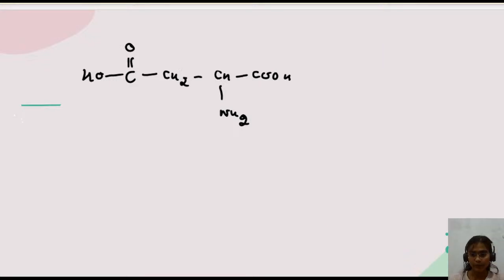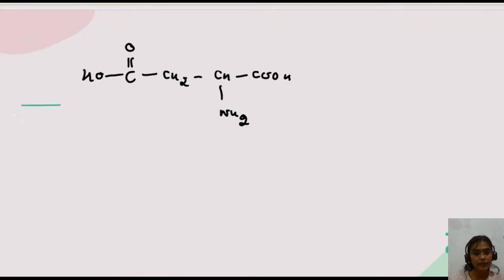For example, you are given this acid, HOOC-CH2-CH-COOH, and this is NH2. Okay, we are given with some values here.